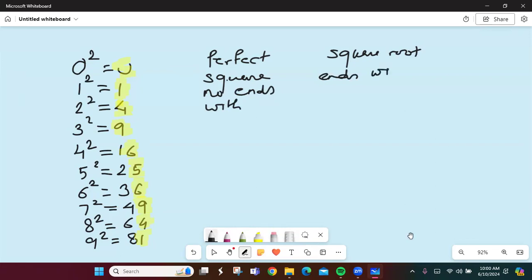That means the units place of the perfect square number and the units place of the square root.